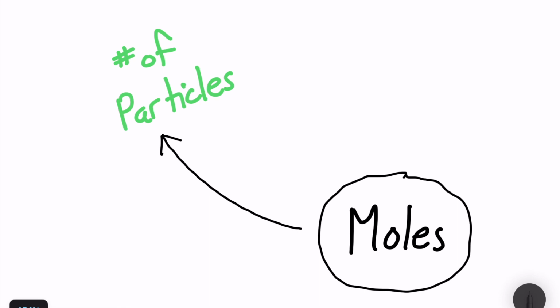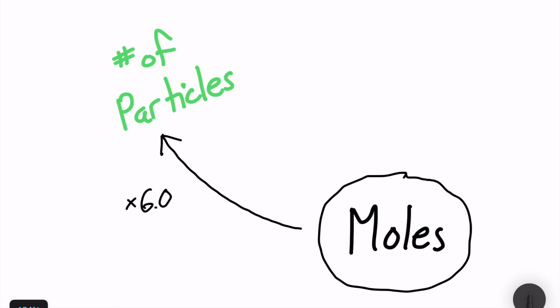Okay, in a previous video, we discussed something called Avogadro's number. And what Avogadro discovered is that for every 1 mole of particles, whether it's atoms or molecules, there are 6.022 times 10 to the 23 atoms or molecules per mole. So in order to get from moles to number of particles, all you need to do is multiply by that number.